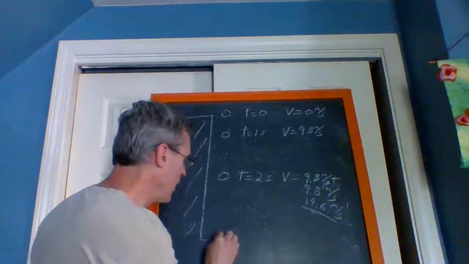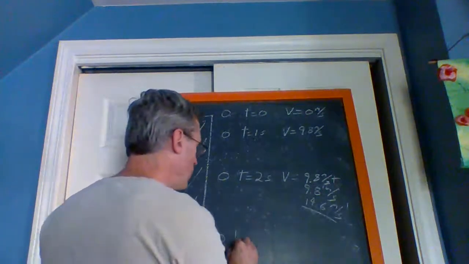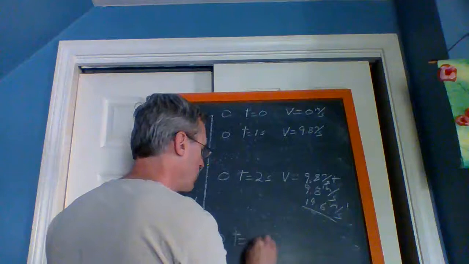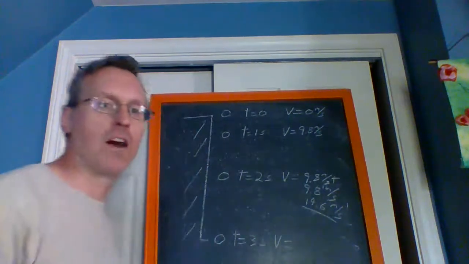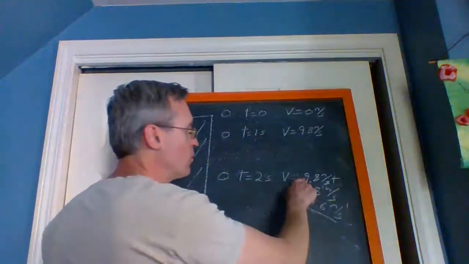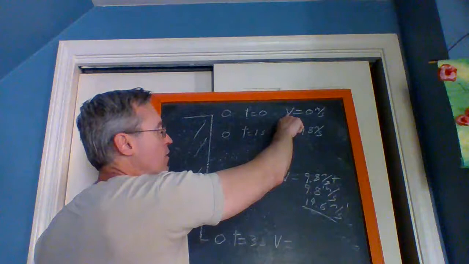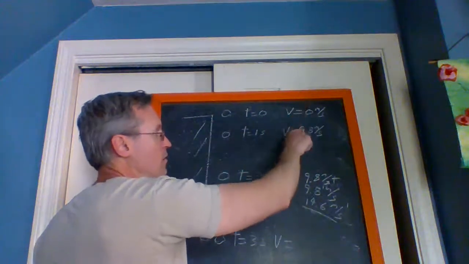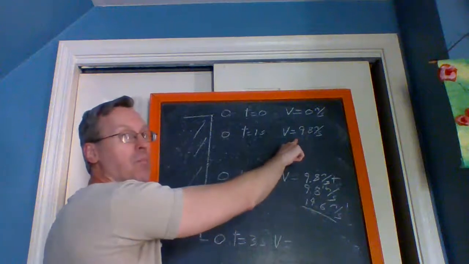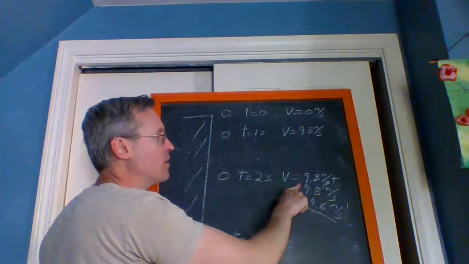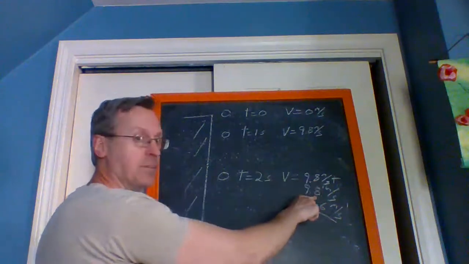Now check it out. Here it is at second number 3, and note it's a little bit farther. So t is 3 seconds. What's its velocity? I'm sorry, I keep using speed. What's its velocity at this point? If you look at the pattern, starting at 0, you have no velocity. At 1 second, you're passing through 9.8. At 2 seconds, you're passing through 2 times 9.8.